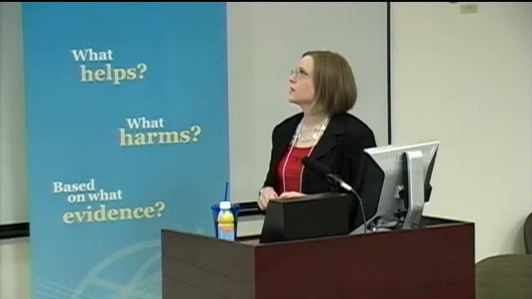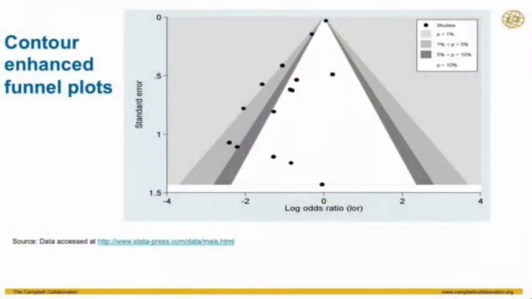So here's an example of a contour enhanced funnel plot, and this was made with Stata. You can see here that the outer regions, the darker regions of gray, are your areas of statistical significance. So when we look at how symmetric this plot is, where does it look like we're missing studies?